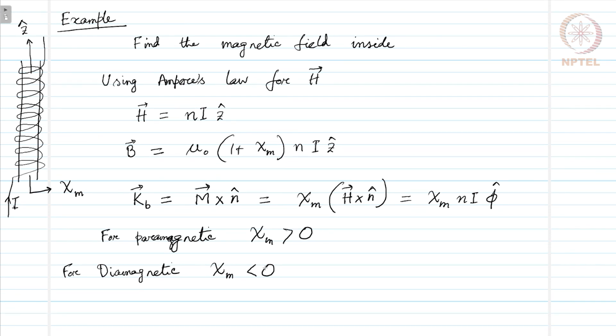And the bound surface current points along I if chi m is greater than 0, that is for a paramagnet. Kb is parallel to I, and if it is diamagnetic, then Kb is opposite to I.